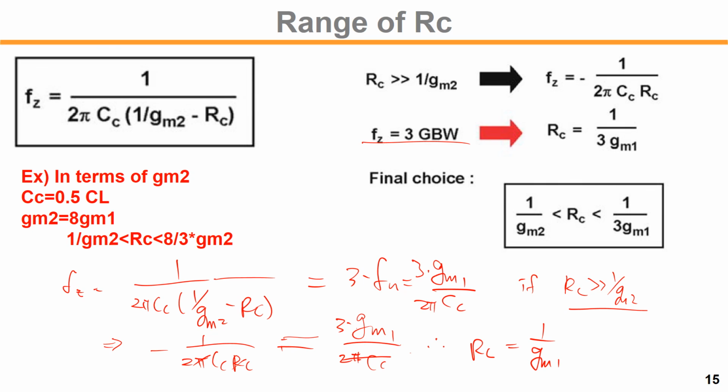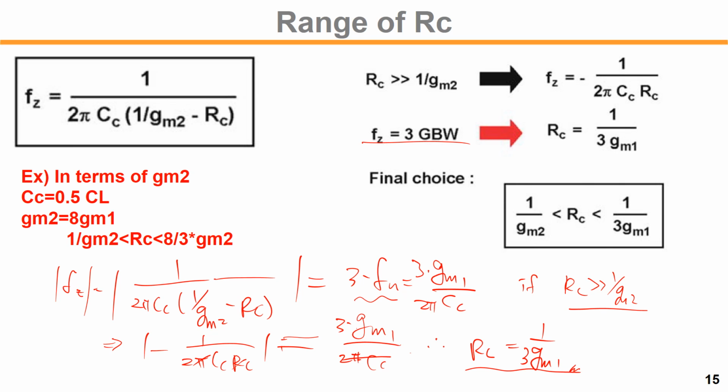So we ignore the negative sign. Magnitude wise, if you place that zero around the 3 times FU, then RC must be close to 1 over 3 GM1.